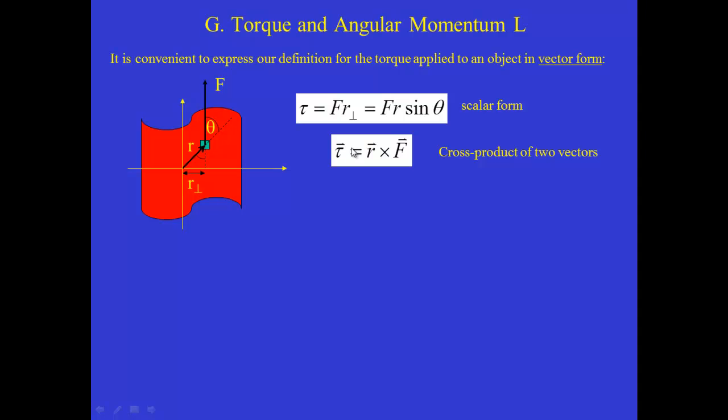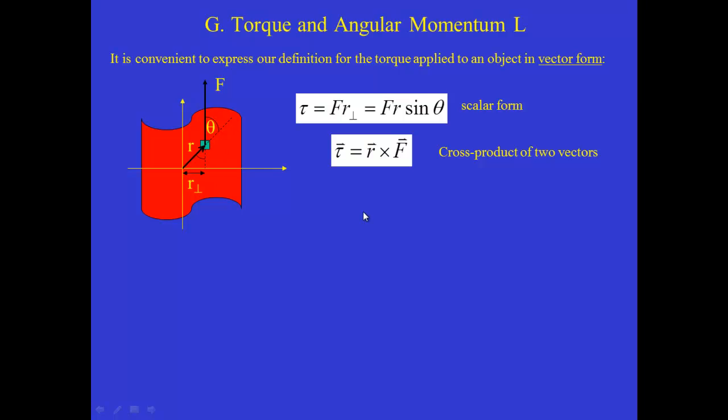But we can also express this in terms of something called the cross product of two vectors, if we understand the vectors to be the force vector F and the radius vector, or position vector, R. F, of course, is along the line of the force that's applied to the object at this point.